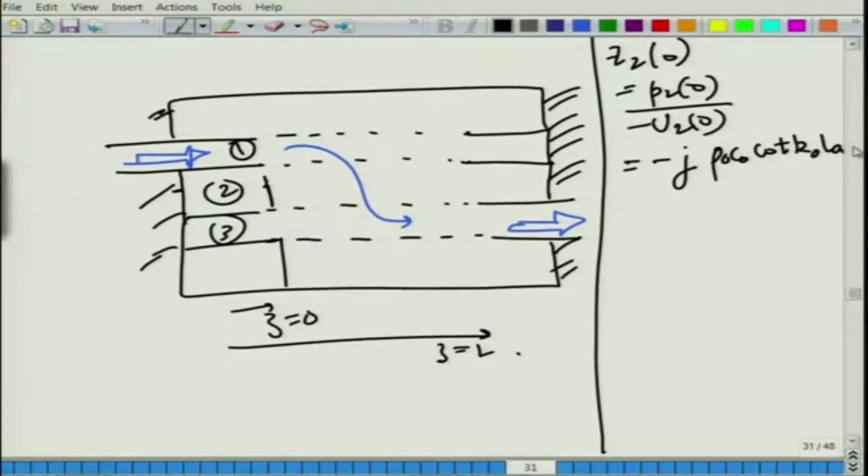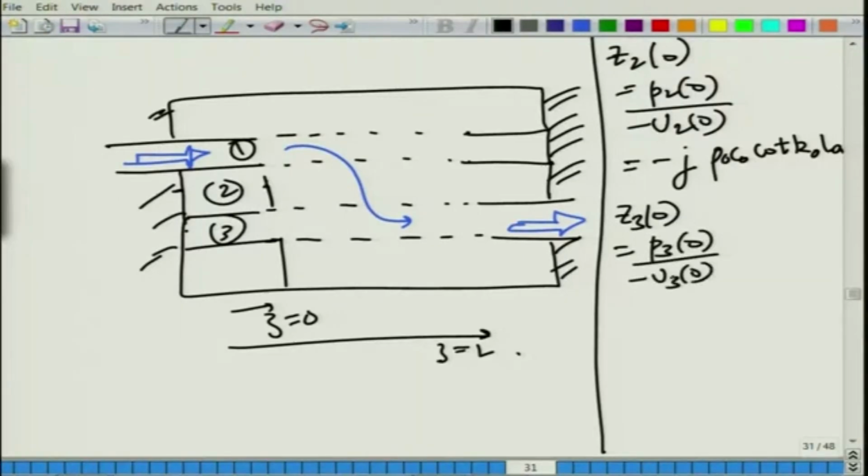Same thing applies for the duct here. Cot k naught L always keeps on occurring, as we have seen from the very beginning of this lecture, for a rigid end cavity. So apply all these things here. That is why it is important to pay attention to the expressions right from the beginning, because these will be useful now.